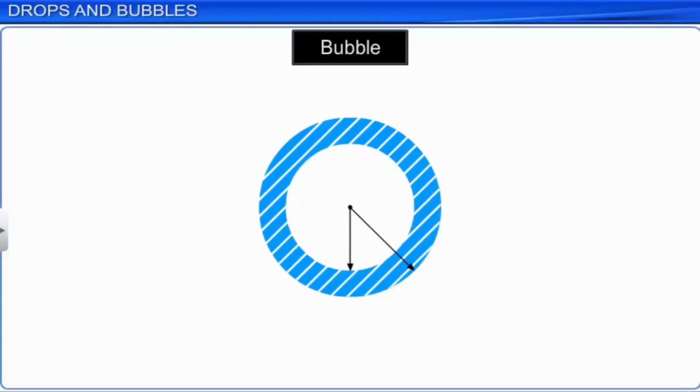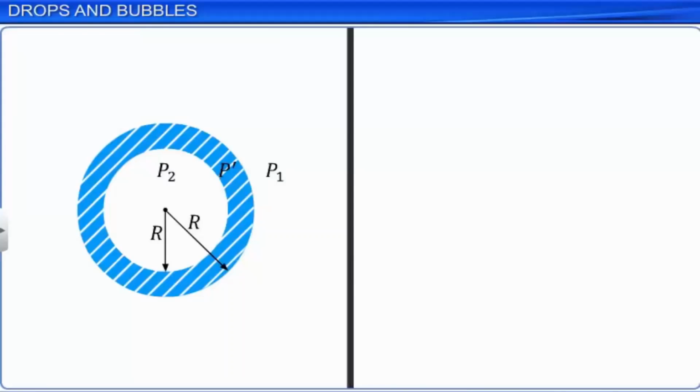Let the pressure of the air outside the bubble be P1, the pressure within the solution be P dash, and the pressure inside the bubble be P2. Consider the outer surface of the bubble. According to the logic derived earlier, the difference in the pressure between the concave and convex portions of the outer surface is denoted by P dash minus P1 is equal to 2S by R. Let this be equation 1.